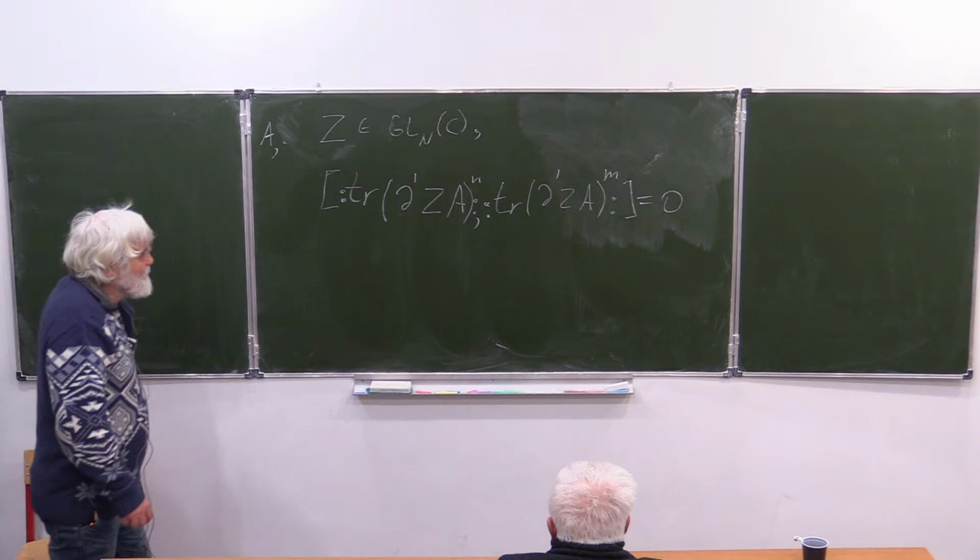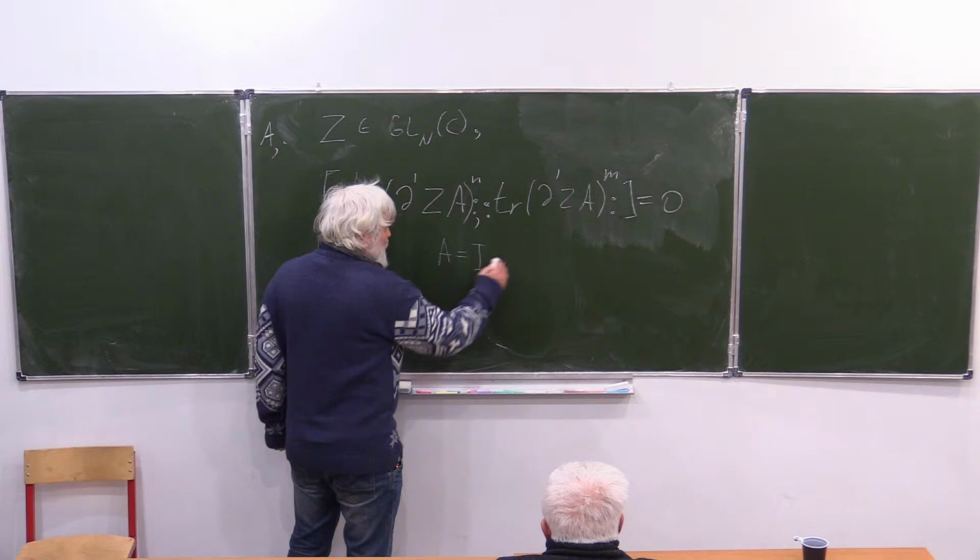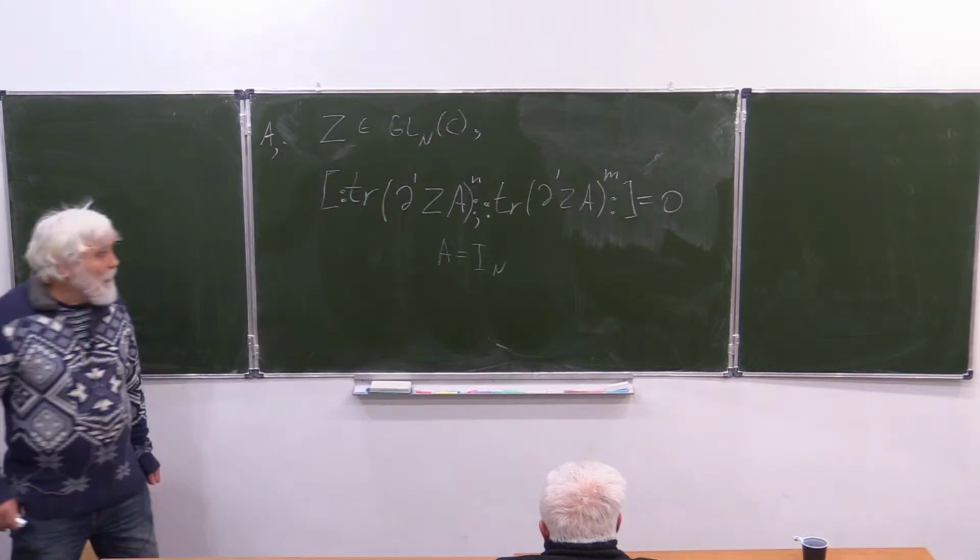So, remark that if A is the identity matrix, then this operator rewritten in eigenvalues of Z gives higher quantum Calogero Hamiltonians related to a special value of the coupling constant.